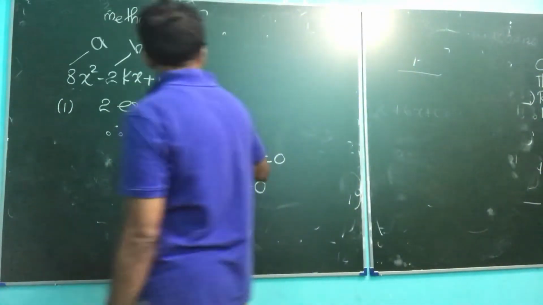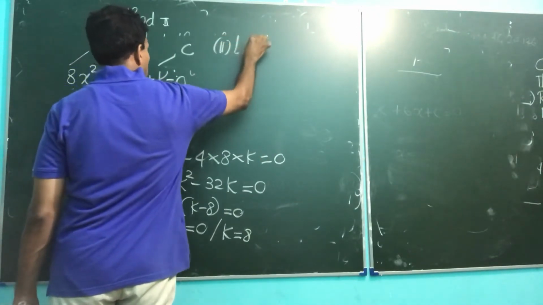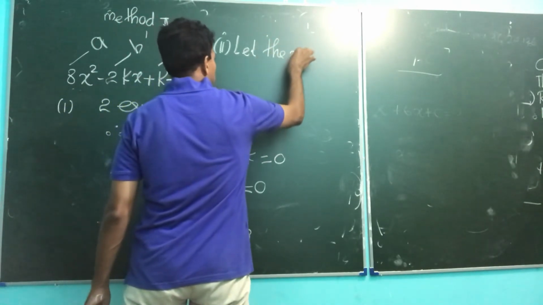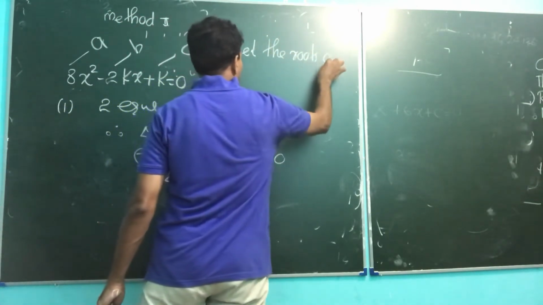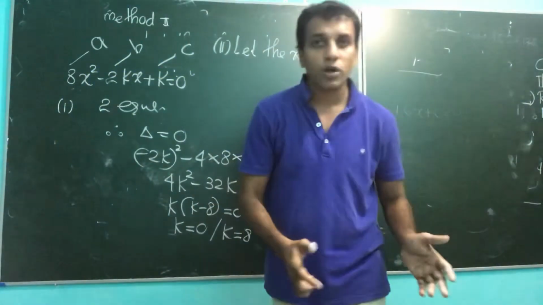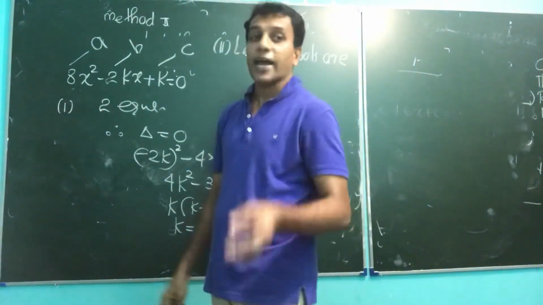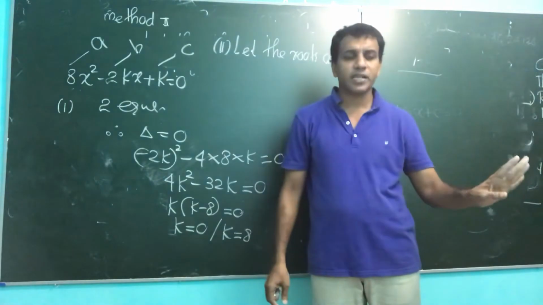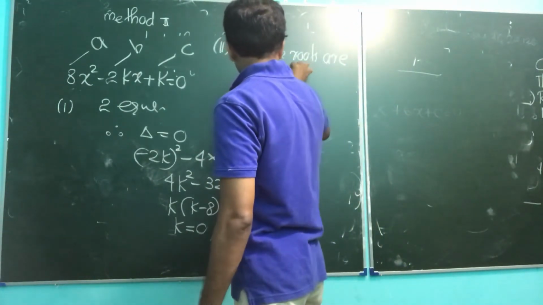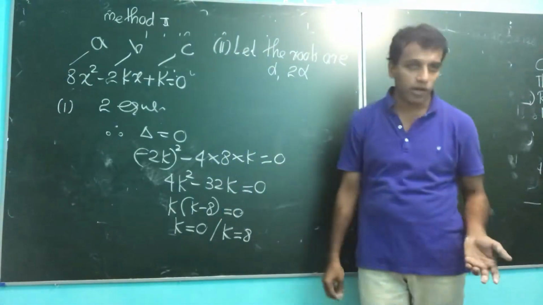Let the roots be, one is double the other. If one is 5, the other is 10. If one is 6, the other is 12, right? Therefore I say alpha, no need for beta, say 2 alpha. Therefore the roots are alpha, comma 2 alpha.